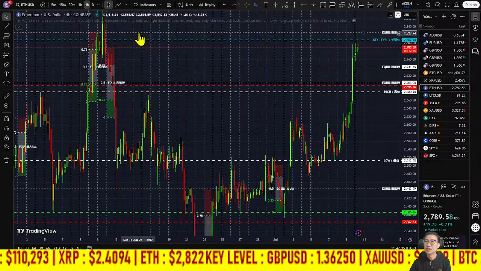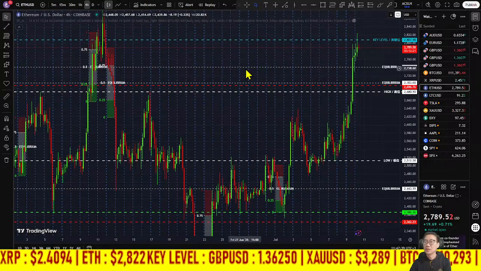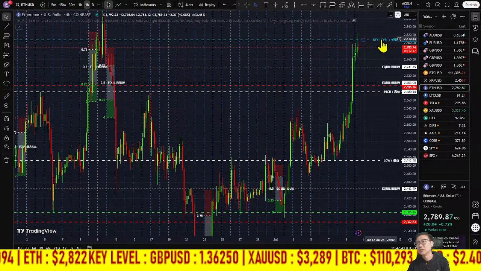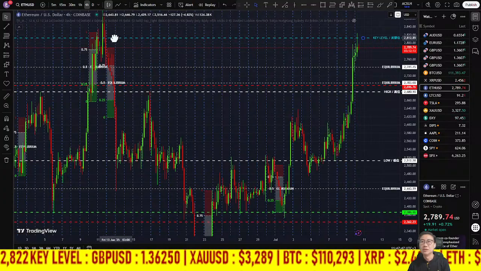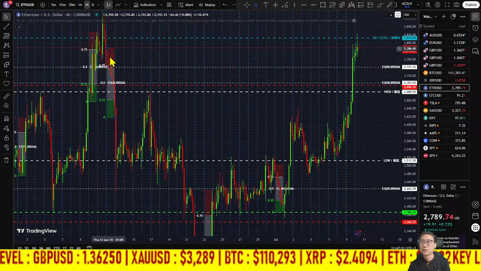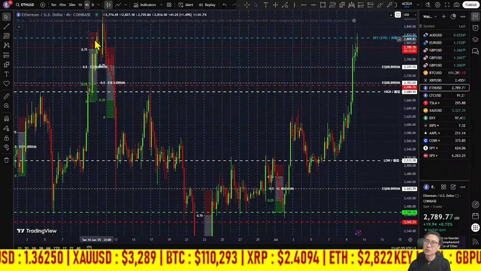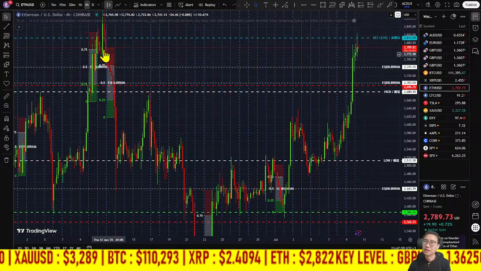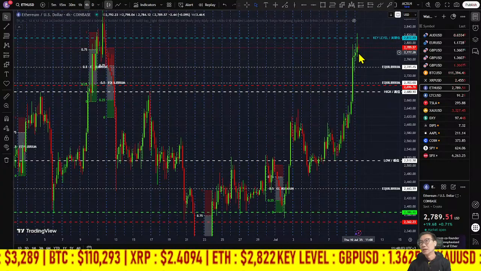Then likely to see 2807, 2808 here maybe. That's the beginning of the fall here. As we can see, there are some imbalances that have been filled, and once filled, it got rejected down nicely in H4.